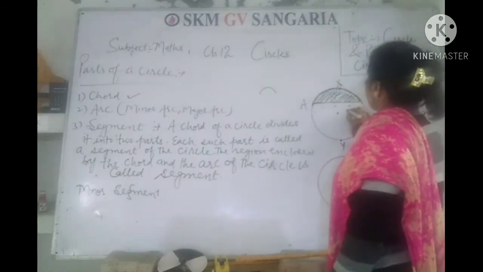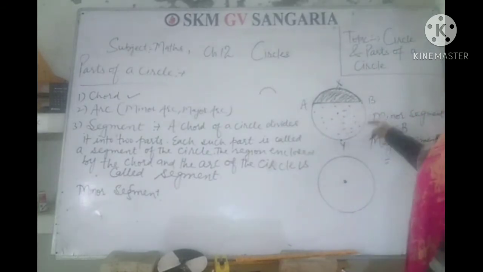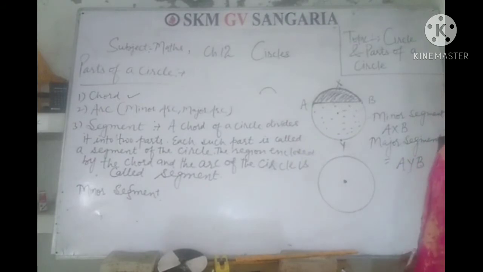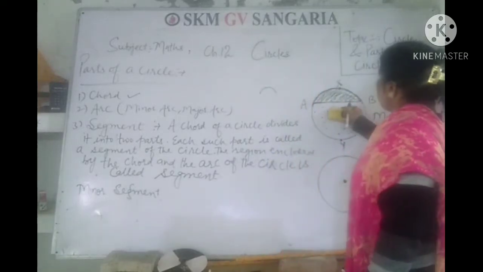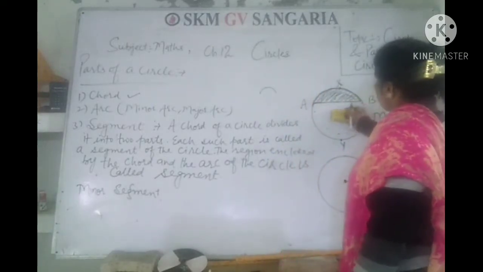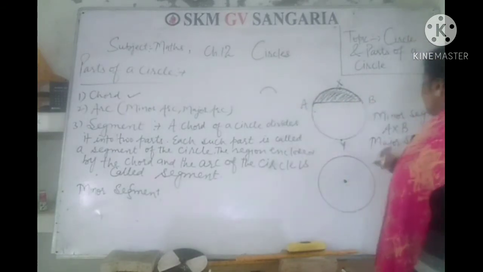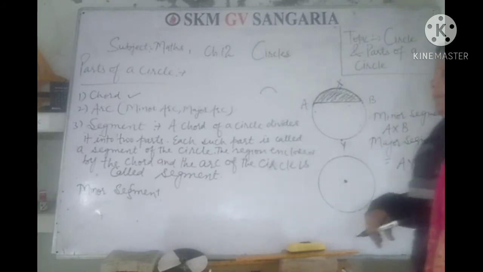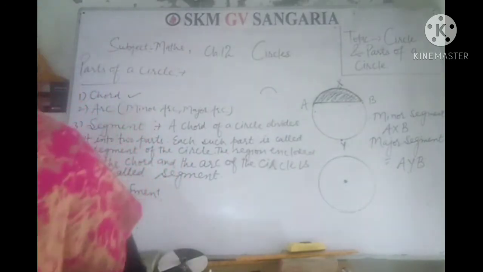This unshaded, white portion is the major segment, AYB. This part will be the major segment of the circle.